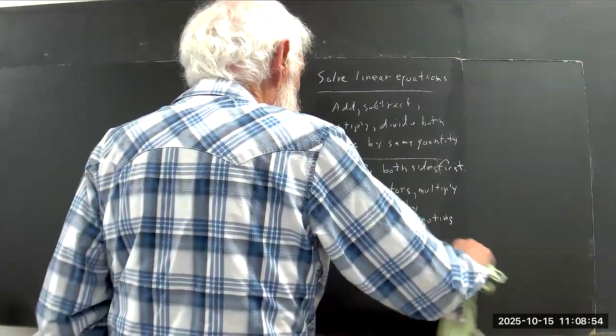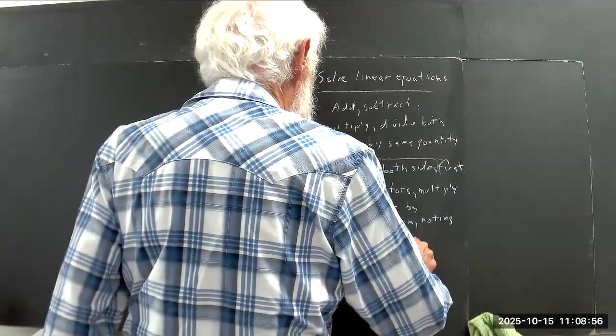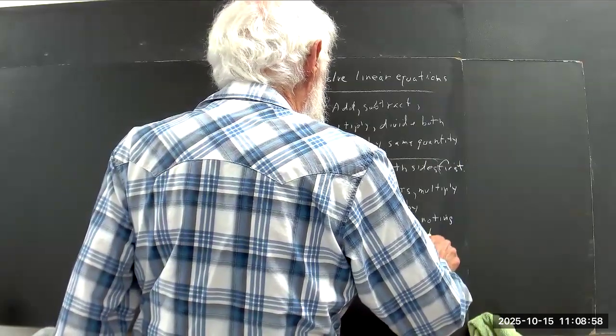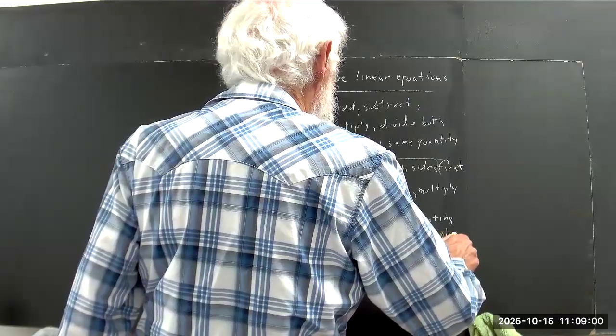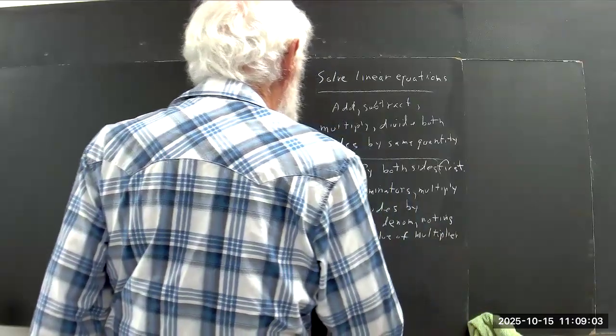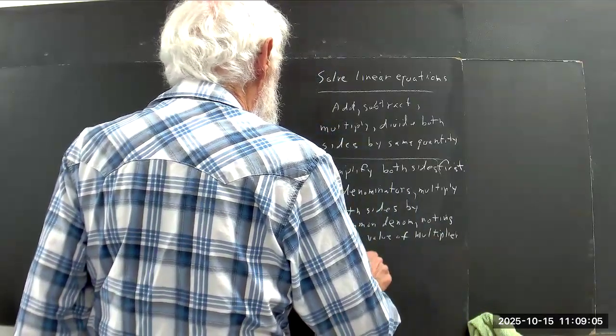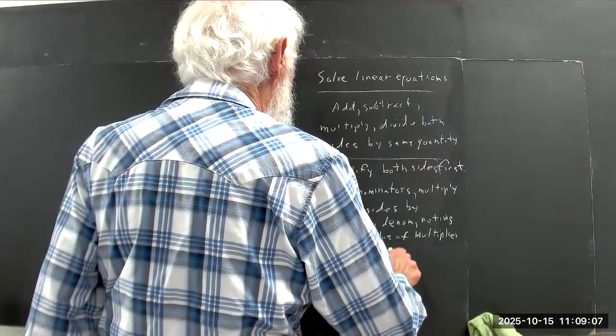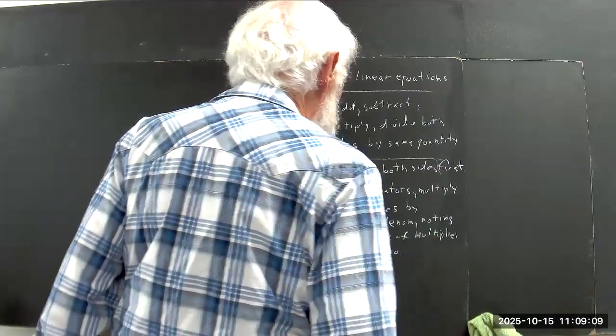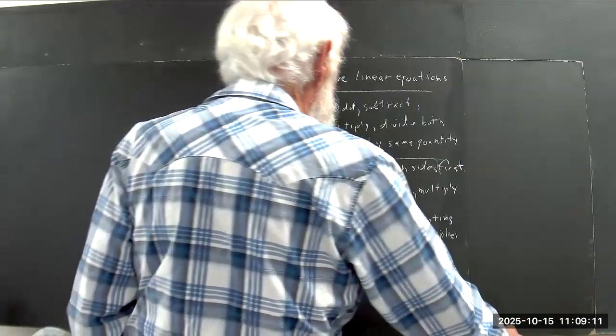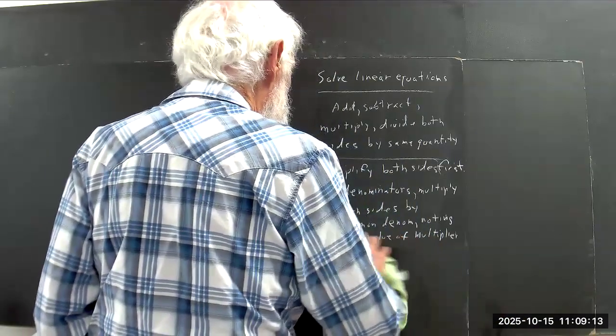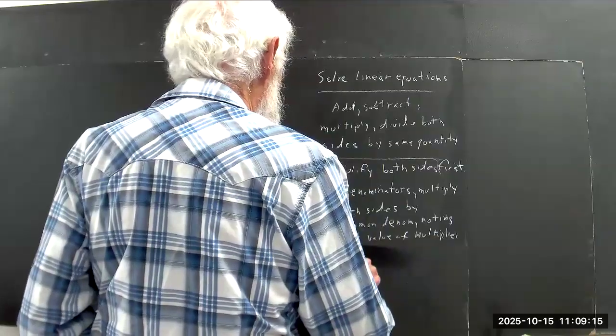Noting that the value of the multiplier, and I should say, cannot be zero. I guess I'll go ahead and change that. Cannot be zero.